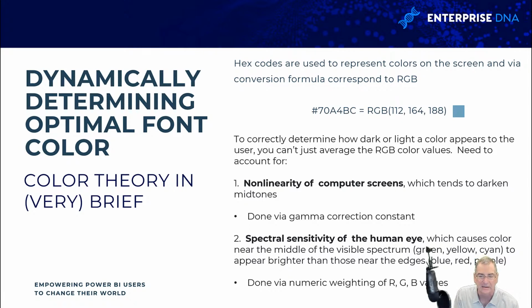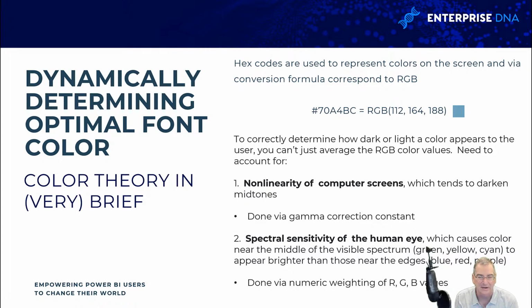One of which is the nonlinearity of computer screens, which tend to darken in the midtones. And there's something called the gamma correction constant, and there's been a lot of study on this that, for computer screens, generally 2.2 is the correction factor. I think for certain versions of Macs, it's 1.8.